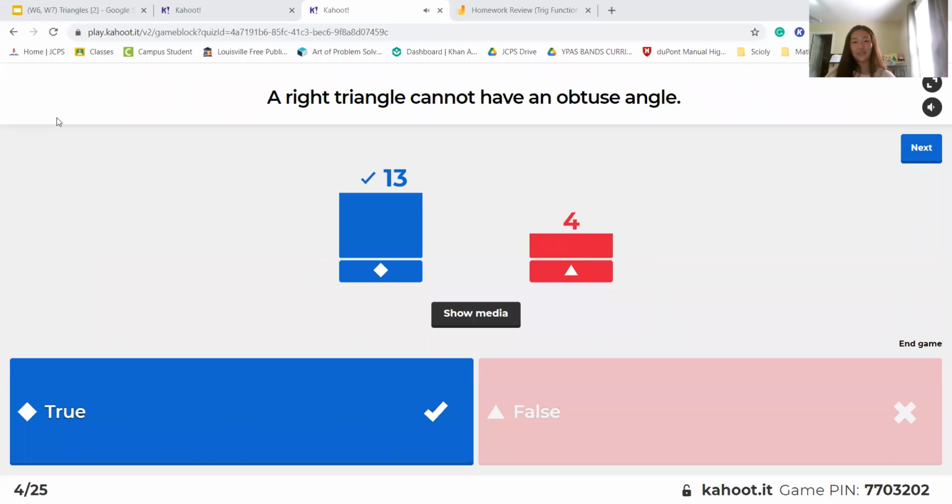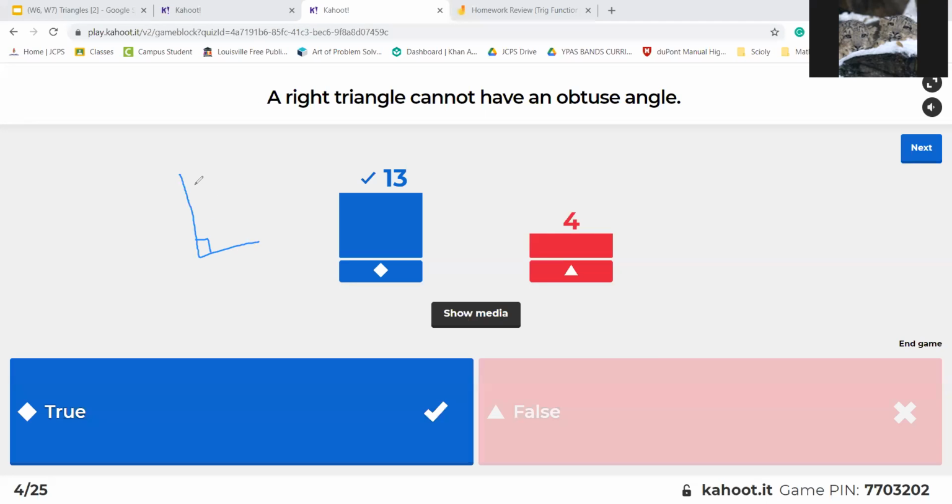So this one's actually true, which most of you guys got. If you think about it, a triangle adds up to 180 degrees, and you need 3 angles. If one of them is 90 degrees, and an obtuse angle has to be bigger than 90 degrees, even if I have 91 degrees, that's not going to make a triangle.